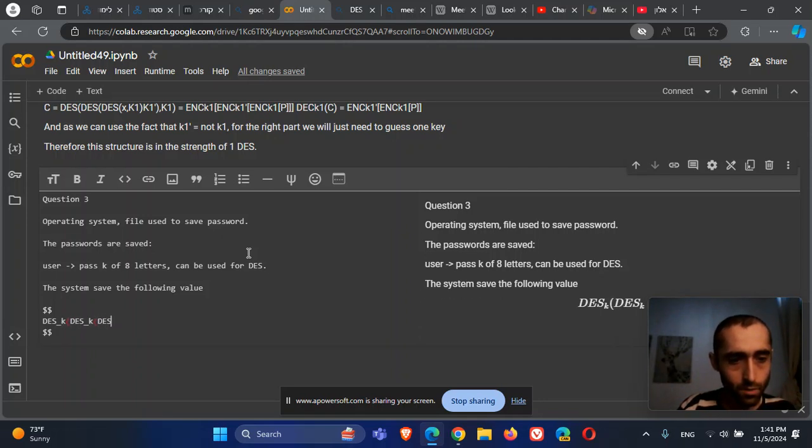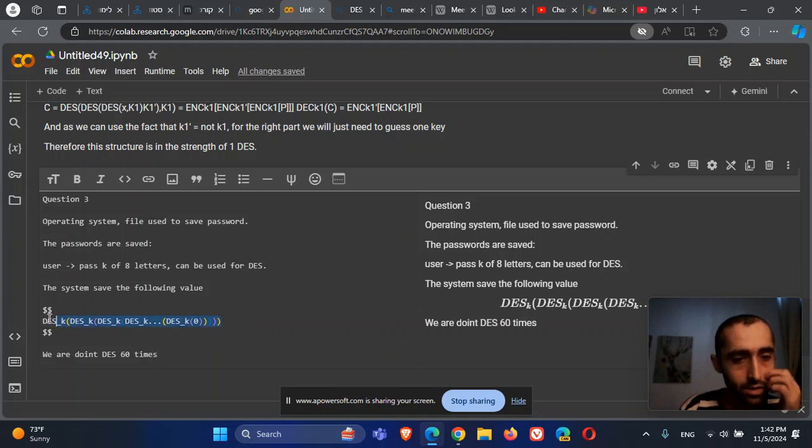You see that I'm using the same key one time after the other, and we continue like this until we are doing DES_k of 0. And we are doing this 60 times, 60 times DES after DES with the same key.